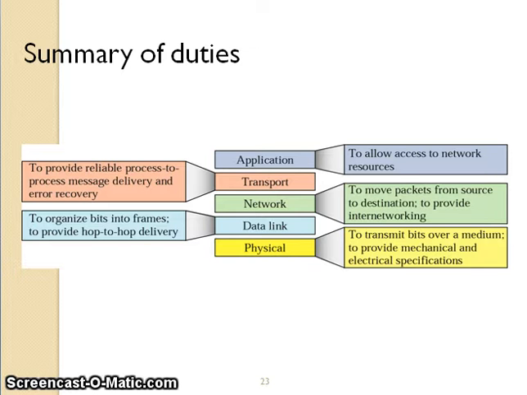So these are all the summaries of the duties of the layers. The application layer, as we already discussed, allows access to network resources, and the transport layer provides reliable process-to-process message delivery and error recovery. Here, the five layers are the internet protocol layers. What we discussed previously was the seven layers of OSI. Those seven layers of OSI are merged into five layers in the internet protocol layers.